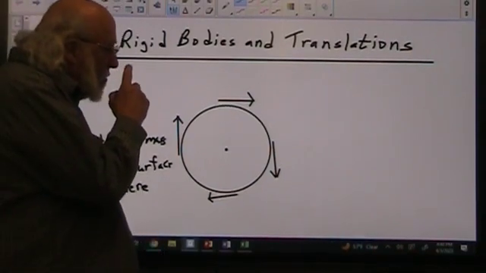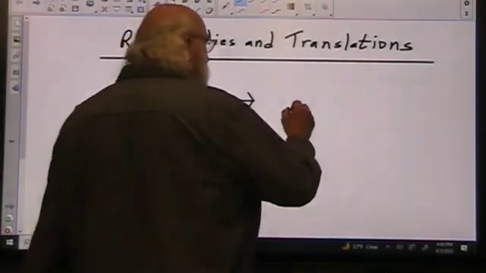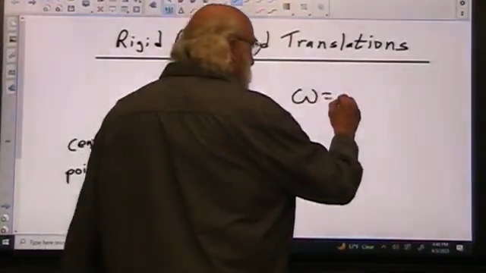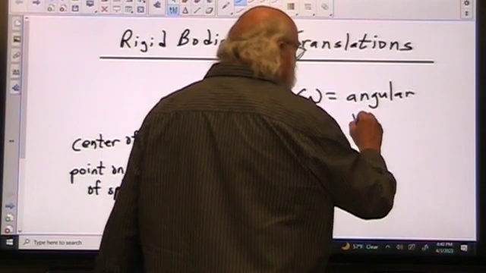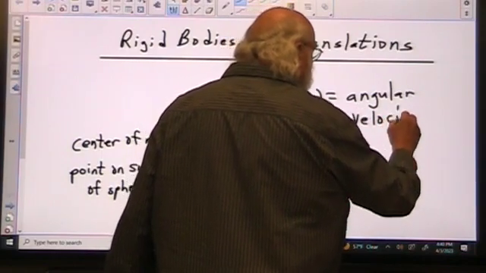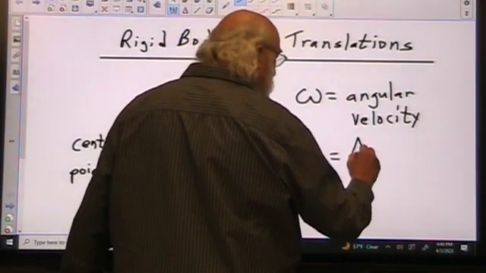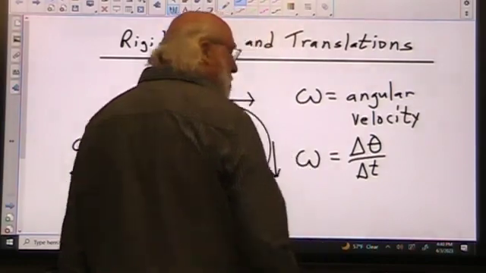Now, the rotation we generally look at in terms of omega, where omega is angular velocity. So this is really nothing new with what we have discussed. And remember, in the past we said that omega is equal to the change of angular displacement with the change in time.